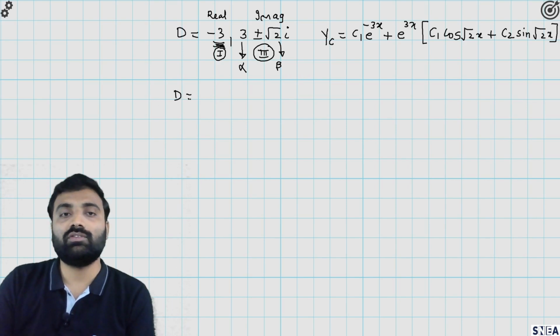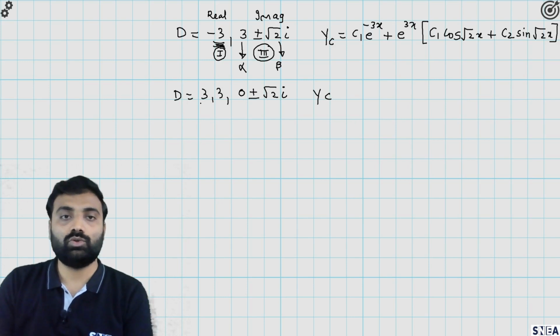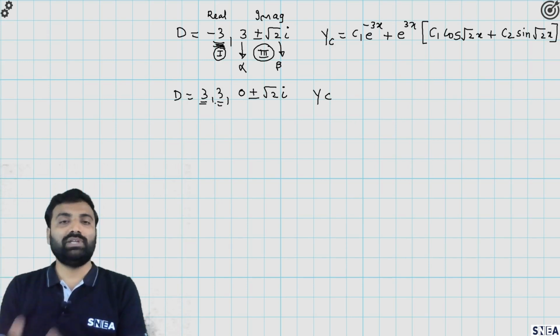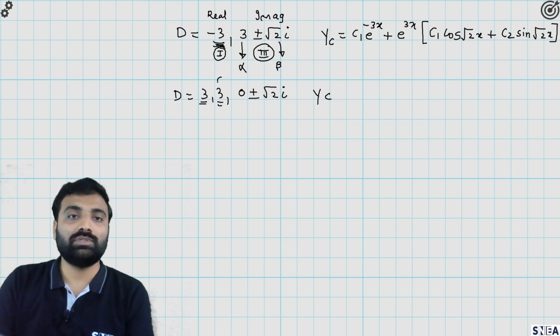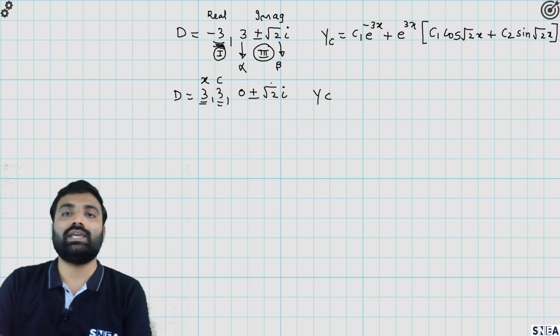If your answer is like this, 3 comma 3, 0 plus minus root 2i, so the yc turns out to be, देखो 3 real है बट दोनों भी repeat हो रहे, 3 is repeating, so whenever repeating term is there, एक को constant लिखो, एक को x लिख दो.